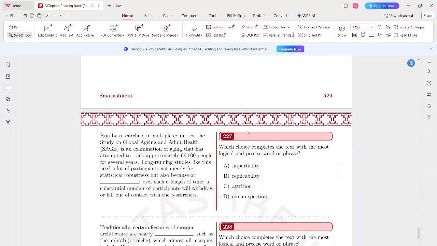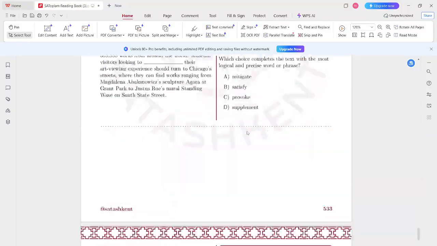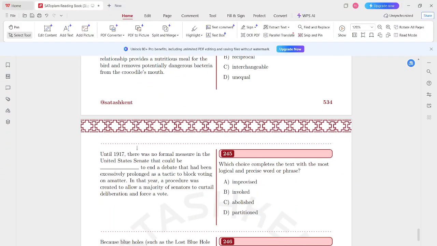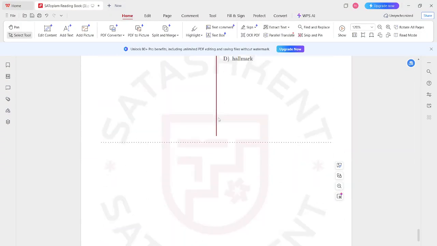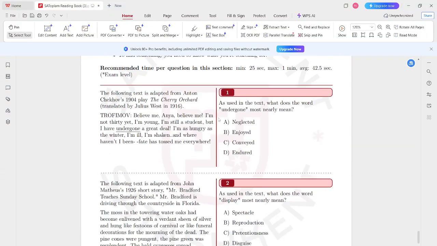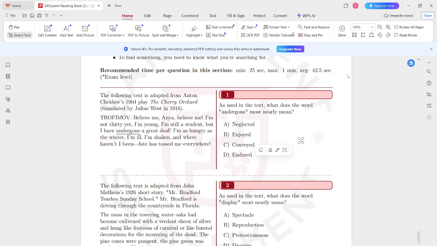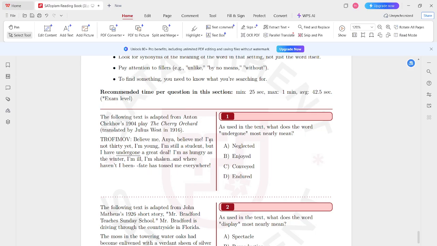The second type of them, yeah, there are two types. The first one looks like this, and the second one looks like this. They are pretty similar, but there is one big difference.